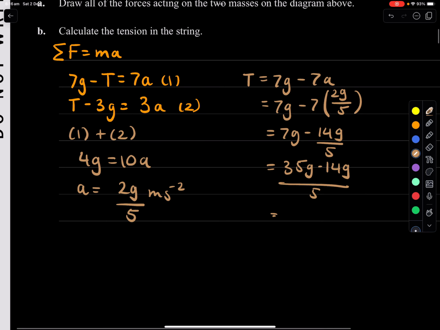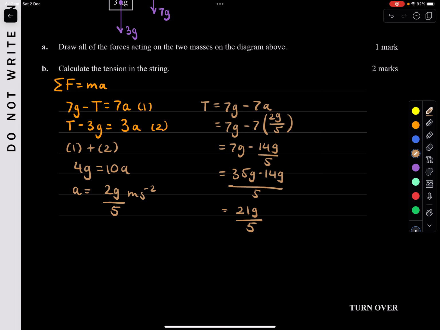Hence your final answer is 21g over 5. Is that right? Yes. So 21g over 5, and that is your tension force. Not too bad.